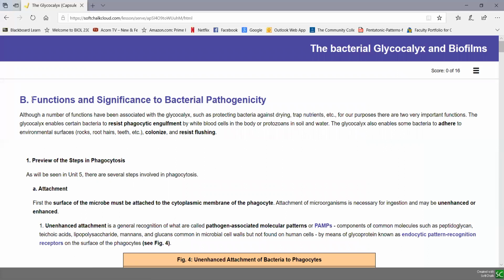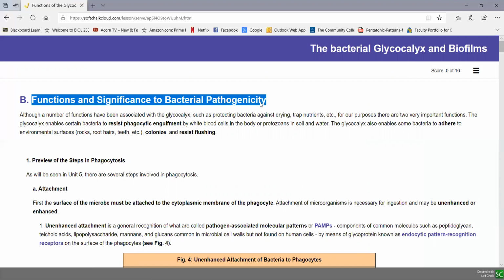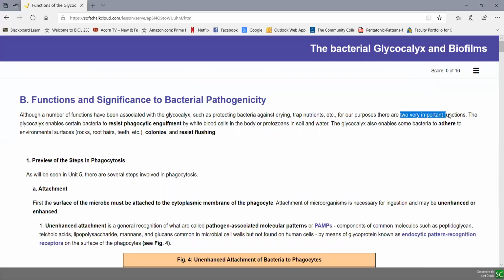Now let's look at the function of bacterial glycocalyces and capsules and their significance to bacterial pathogenicity, the ability to cause disease. There are many functions that have been associated with the glycocalyx, but there are two very important ones we're concerned with here in our course.